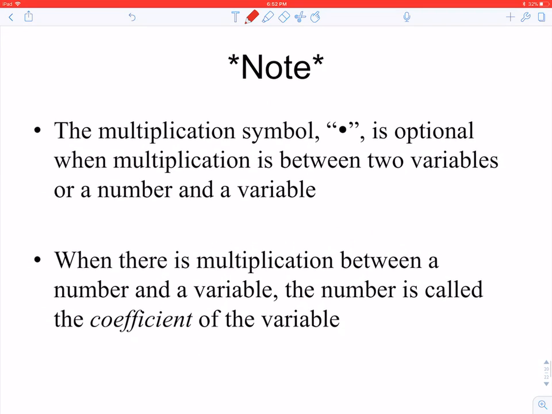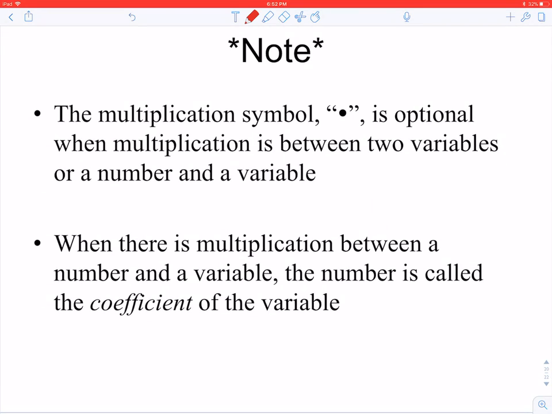Okay, so the multiplication symbol is optional when multiplication is between two variables or a number and a variable. And when there is multiplication between a number and a variable, the number is referred to as the coefficient of the variable. So for example, 2x, 2 would be the coefficient of x.